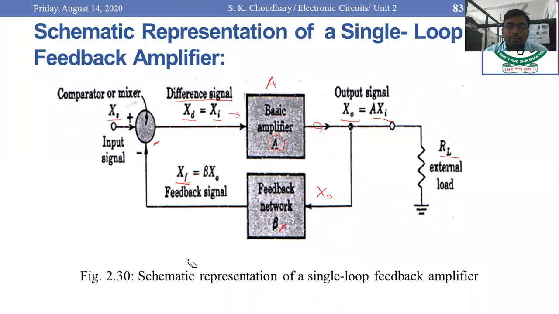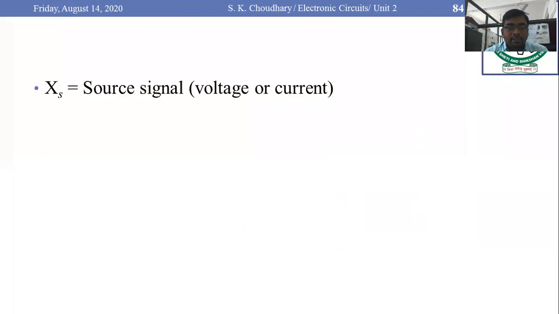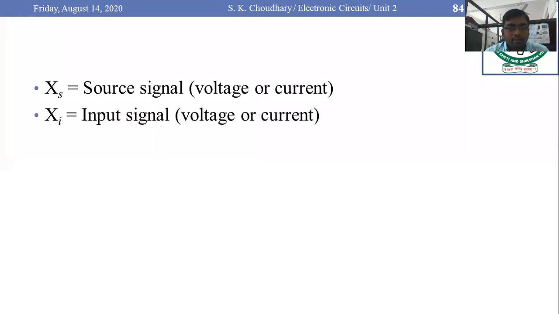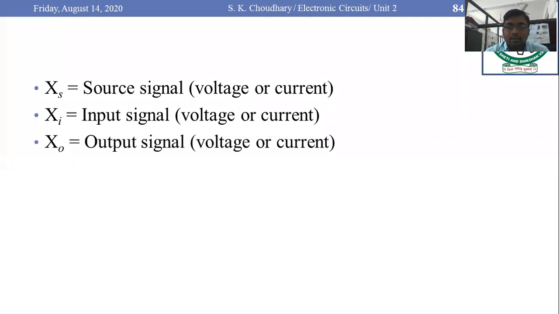Now we have to see the analysis of this schematic representation of the single loop feedback amplifier. First of all, I am going to define the signals. Xs is the source signal. It may be a voltage or a current. Xi is the input signal. It may also be a voltage or a current. X0 is the output signal.